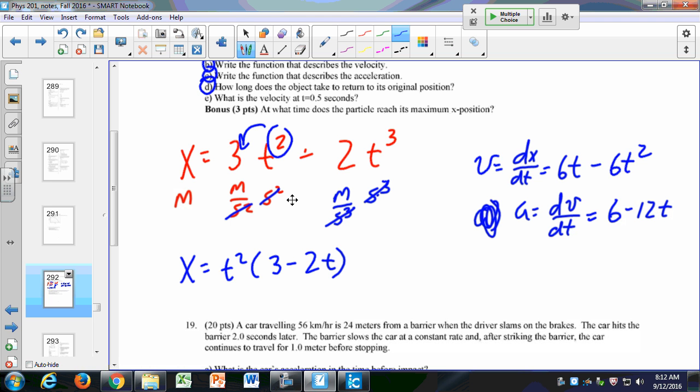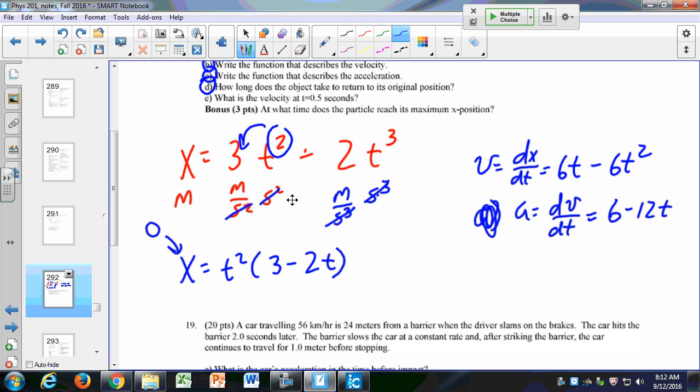My original position is at x equals 0, and x equals 0 has two possible times that it occurs at. Do you know what those two times are? Right. If this part is 0 and if this part is 0, those are both possible options. So at t equals 0, x is equal to 0, and at t equals 3/2 seconds, x is also equal to 0. So it goes up and then it comes back down again.